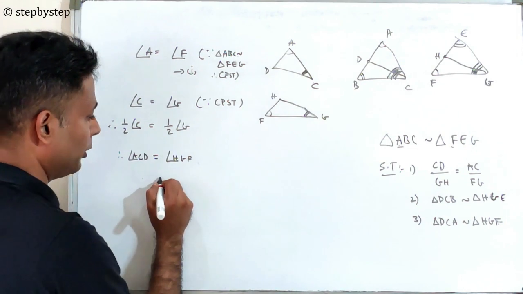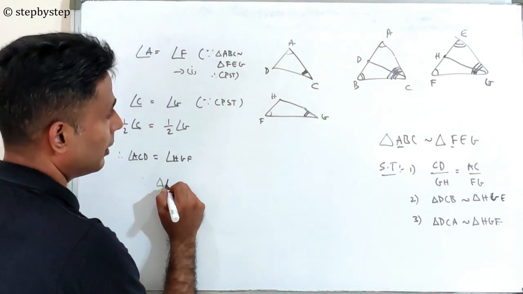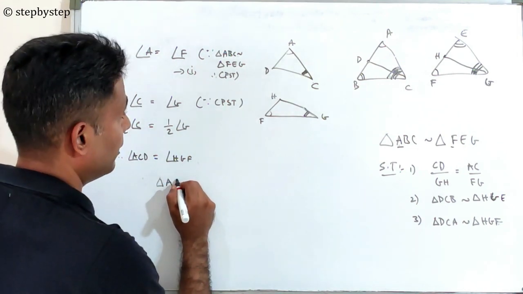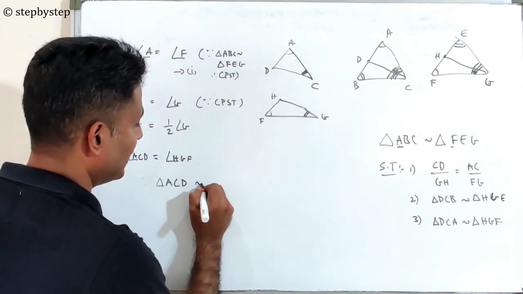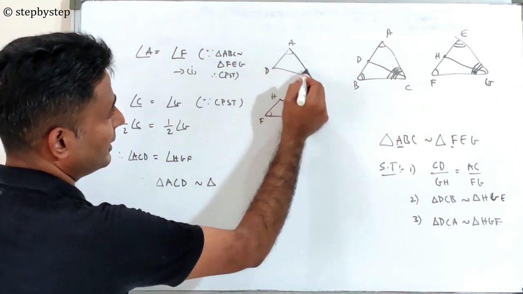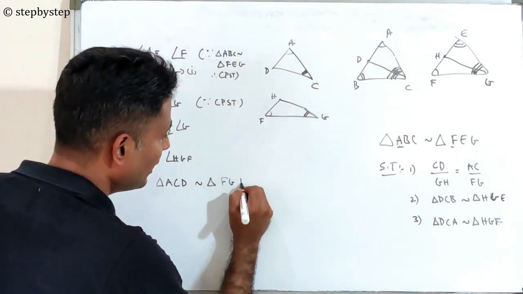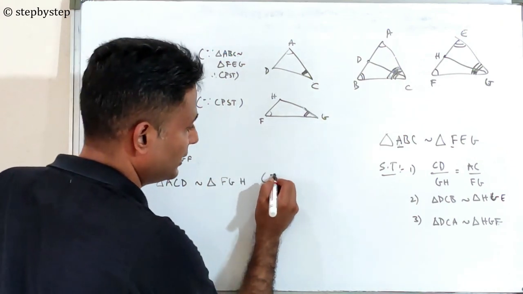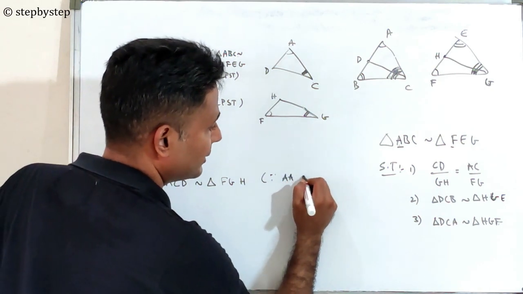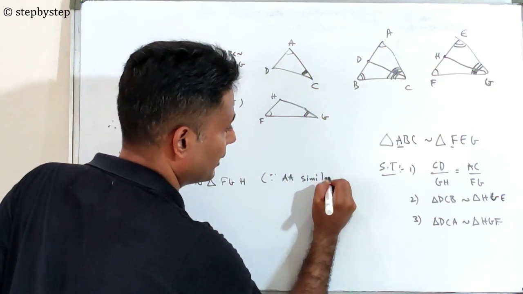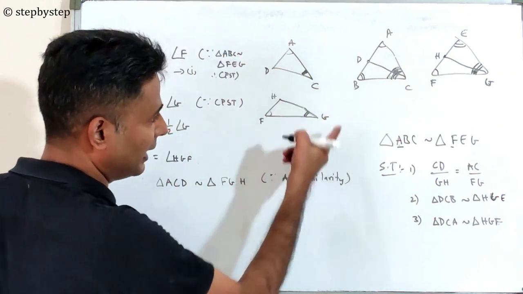So therefore, triangle ACD is similar to triangle, be careful, AC corresponds to FG, so FGH, because of double A similarity. So we proved these two triangles are similar.